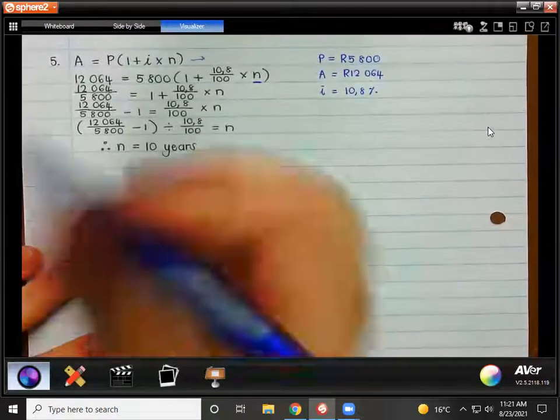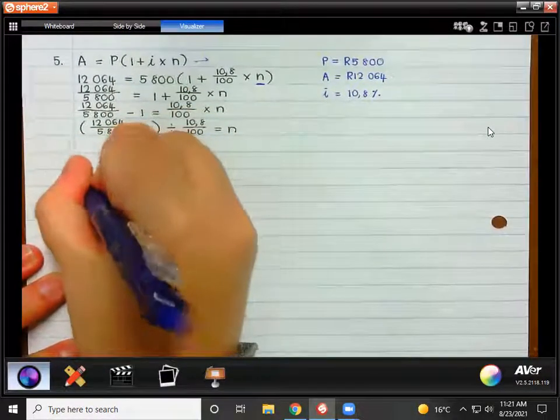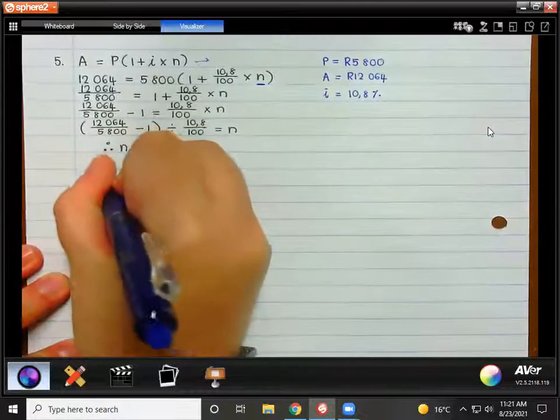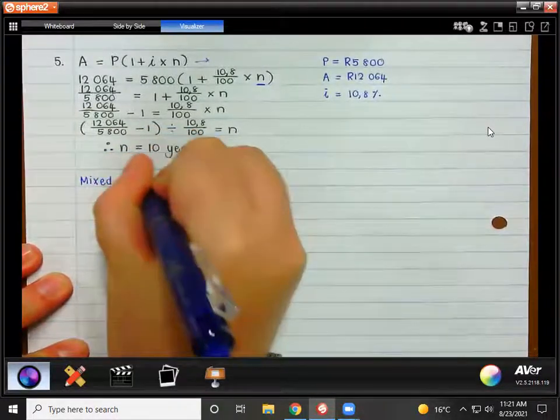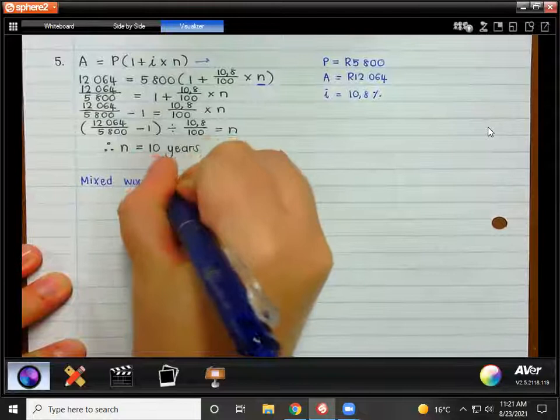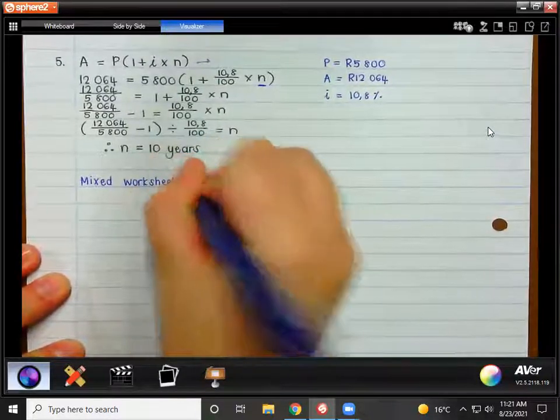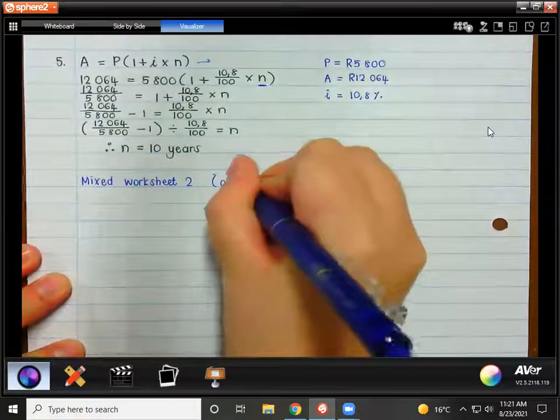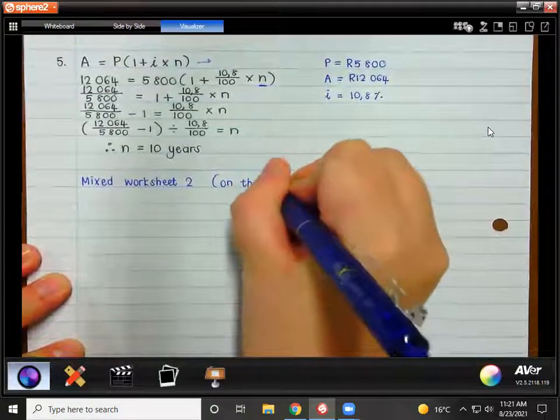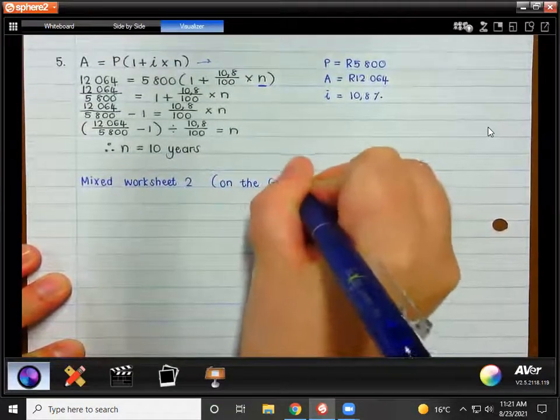Now you are going to work on mixed worksheet 2, which is on the grade Google Classroom, but I will put it on the board now.